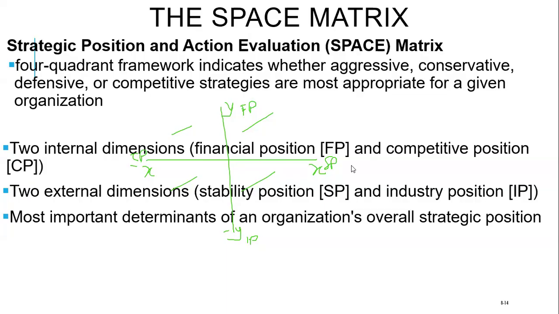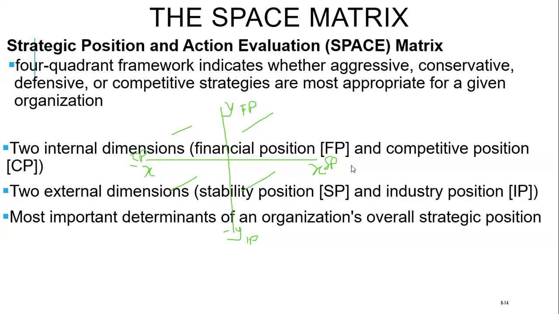And mind you, this one is scored ranging from -1 to -7. So the closer you are to the point of origin, then the higher the strength of that particular indicator.